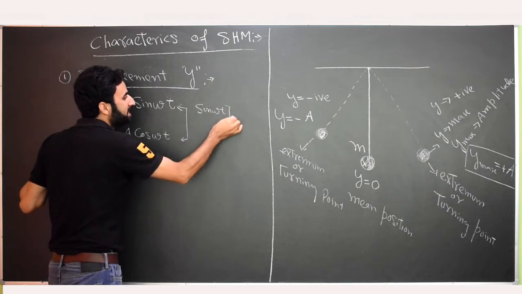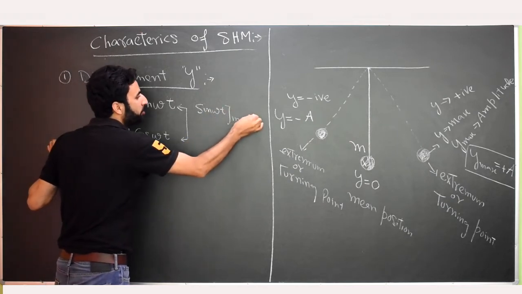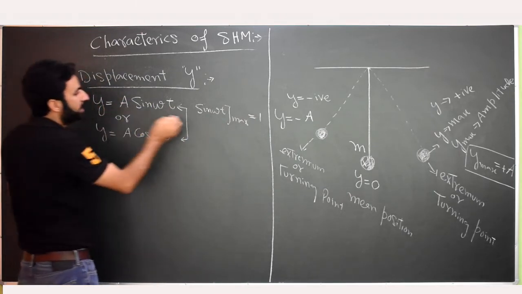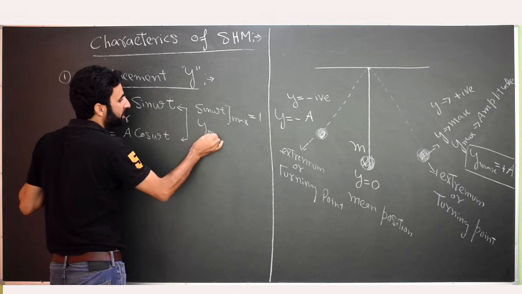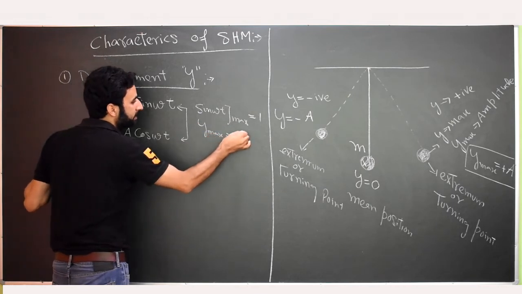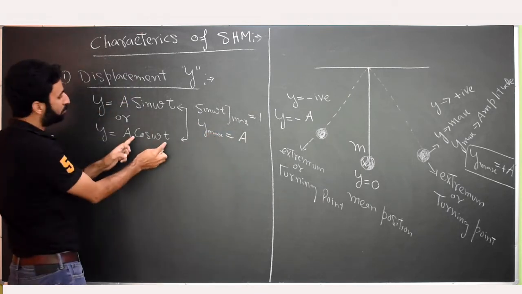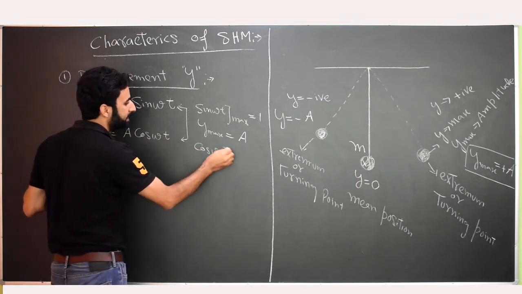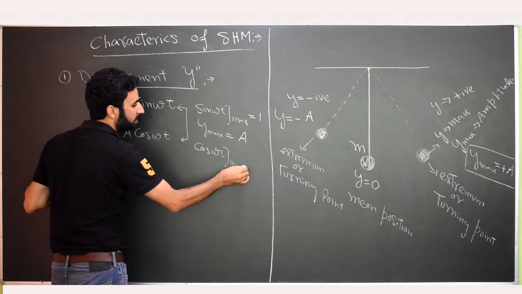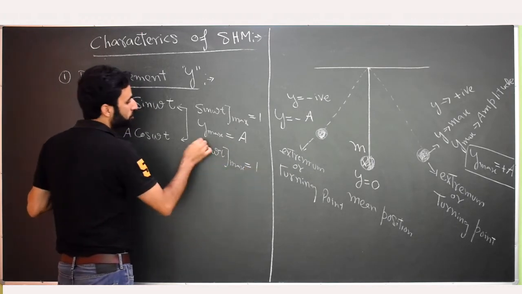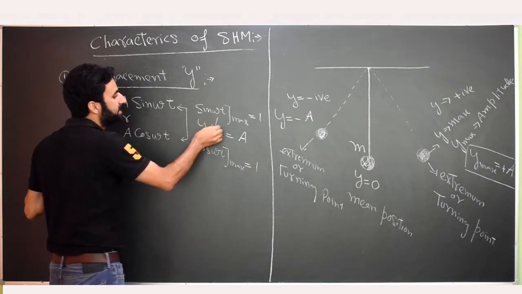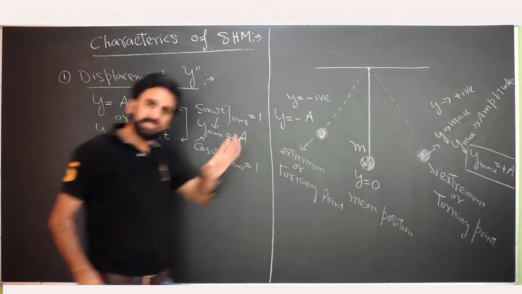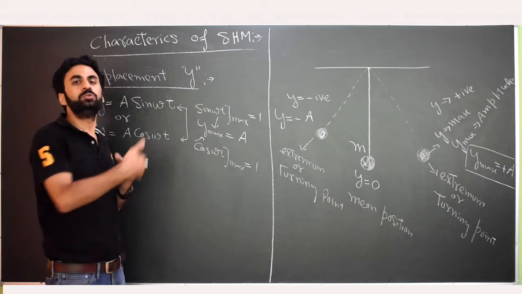Its maximum value can be equal to 1, and once this is equal to 1, y will be equal to A. So y maximum will be equal to A. Similarly, what can be the maximum value of cos of omega t? That can again be equal to 1. So y max in both cases comes out to be equal to A. That is what we were discussing here, that the maximum displacement of a particle is known as amplitude.